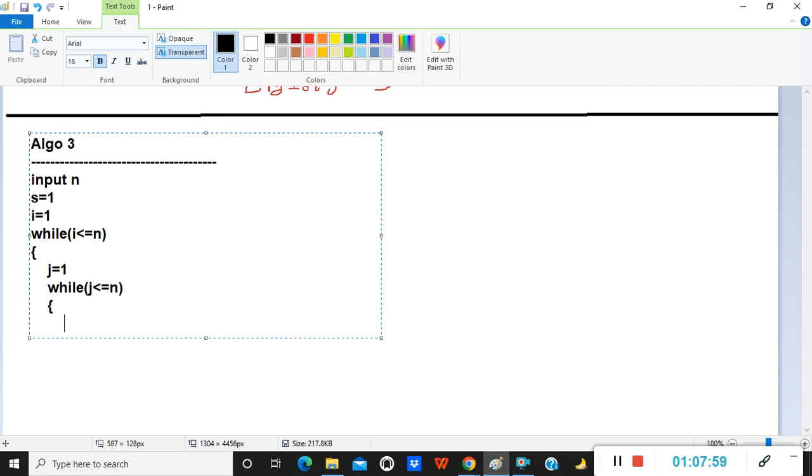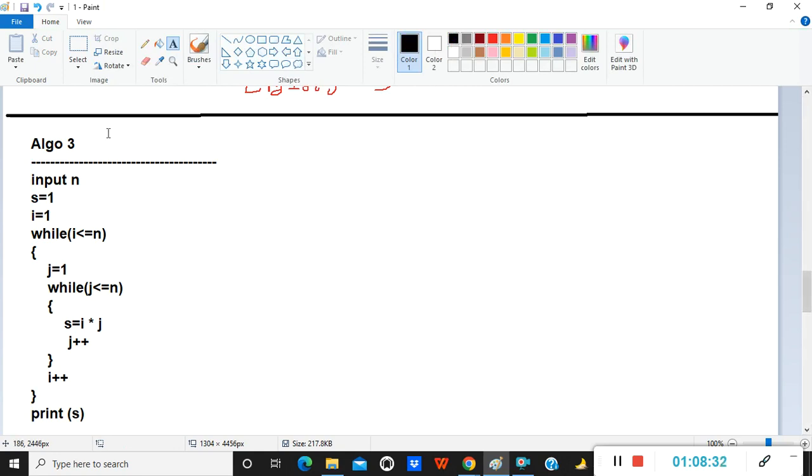Inside, this is the inner loop. You identify it as a nested loop. Here s is equal to i into j, and we are incrementing j by j plus plus. The outer i is also incremented, and then we print. The outer loop ends. So this completes our algorithm of this type.